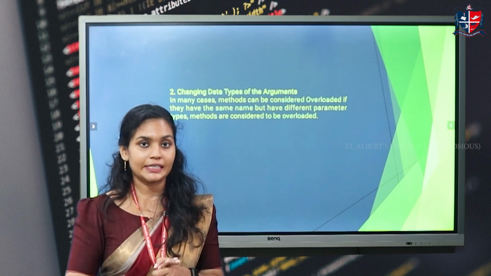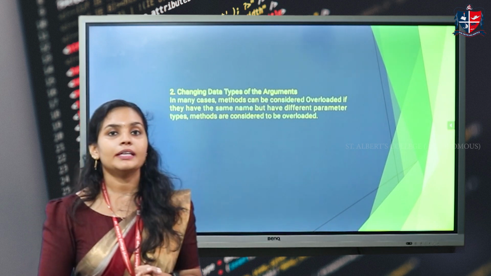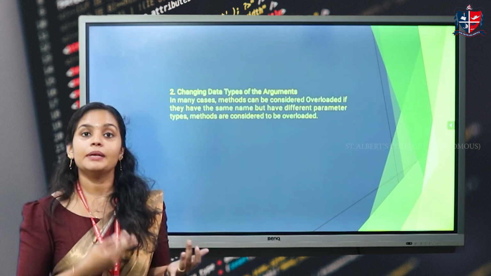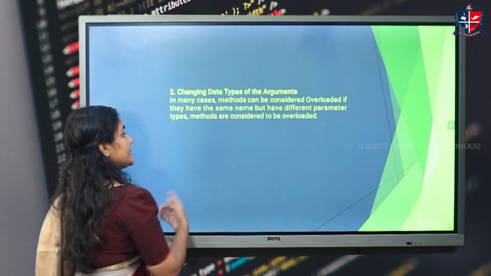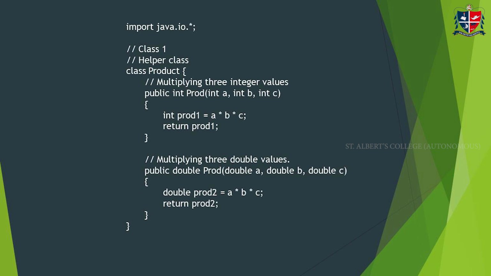Next type is changing the data types of the arguments, which means the function name is the same, but the data types might be integer or float or double. In any case, we can change the data types according to the function. So this is the example for changing the data types of the parameters.